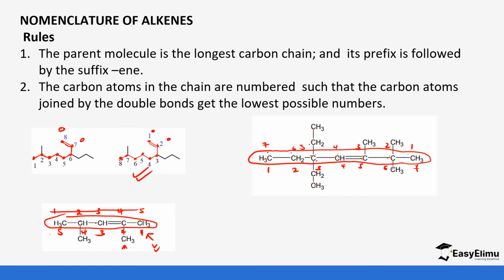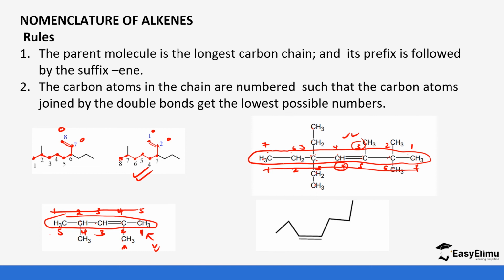If we number from the upper side, you notice the first carbon that has the double bond will be carbon number 3. If we count from the bottom side, the first carbon having the double bond is carbon number 4. So we will prefer the one having carbon number 3 to the one having carbon number 4. So we will scrap the lower one and use the upper one to number.